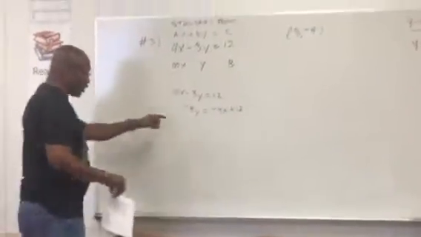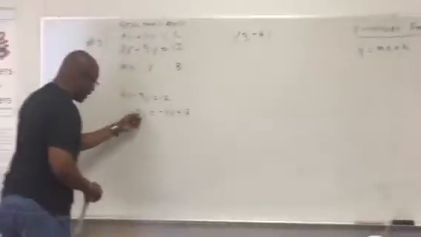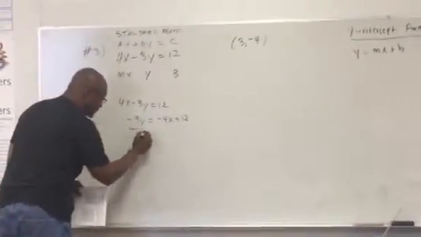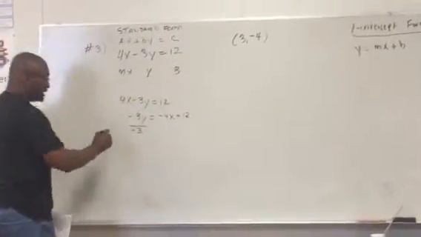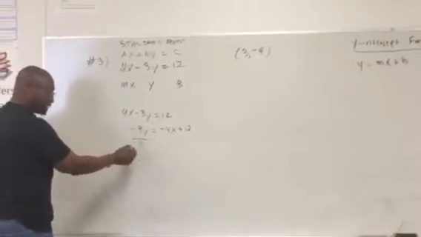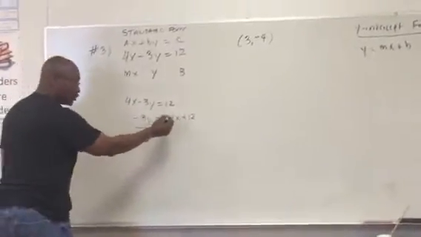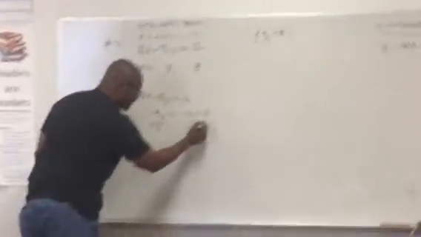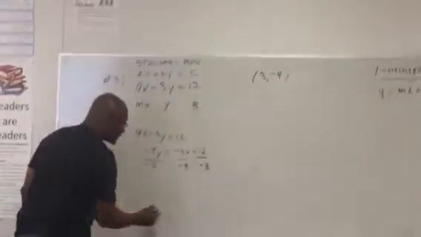Division. So in order to cancel this out where y is by itself, I have to divide by -3. Anything that you do on one side of the equation, you have to do on the other side. So I'm going to divide everything by -3.